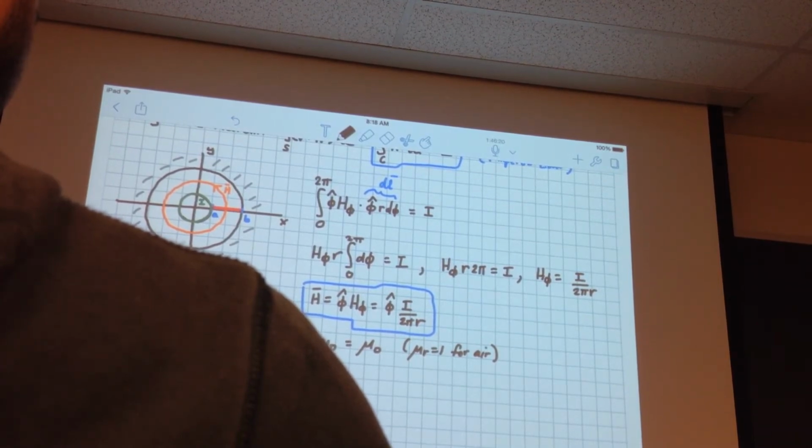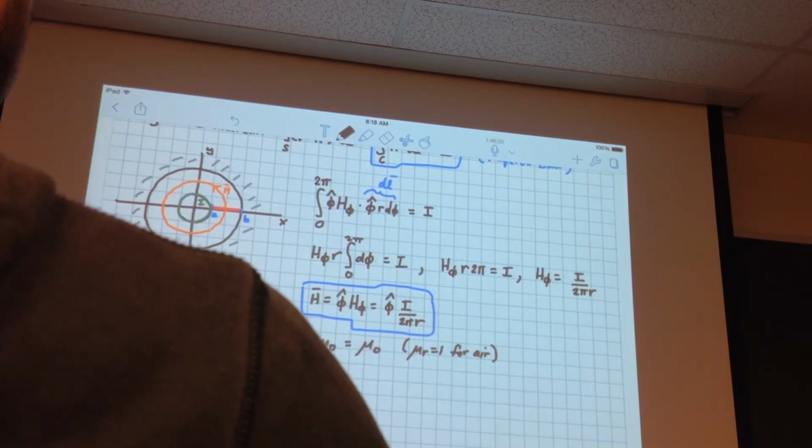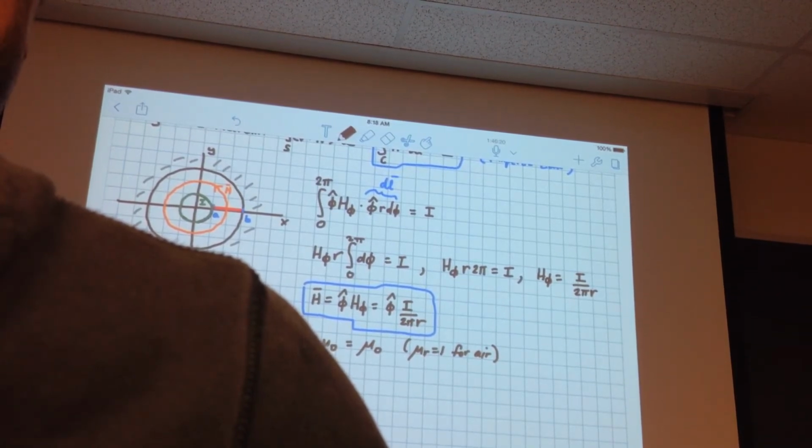Okay, so we can crank out this integral. Phi hat dot phi hat is 1, mu naught I over 2 pi comes out of the integral. Integral of dz from 0 to L is just L. So you're left with the integral of 1 over r dr from a to b.